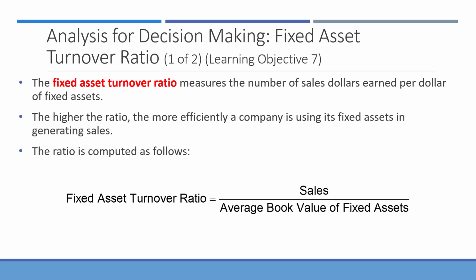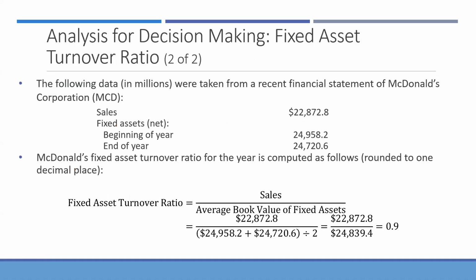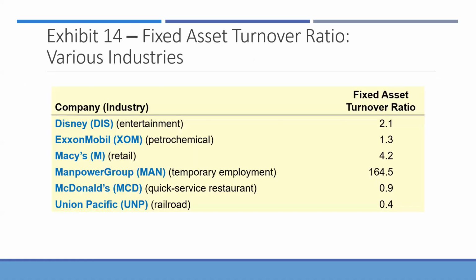If we think of something like a railroad or an airline, huge equipment needs. And so the book value of the assets is going to be greater, and so the ratio is going to be less. If we go to this slide, right, Union Pacific's is 0.4, but Manpower Group, a temporary employment agency, they probably rent offices.